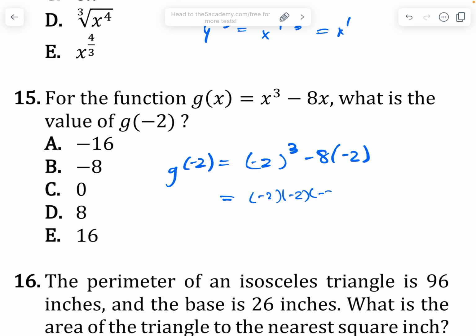If you really want to make it simple and not make a mistake in the signs, you can even do it on your calculator, and you'll end up getting negative 8, and then here you'll get minus negative 16. If you have two negatives next to each other, it turns into a plus 16. 16 minus 8 is 8.